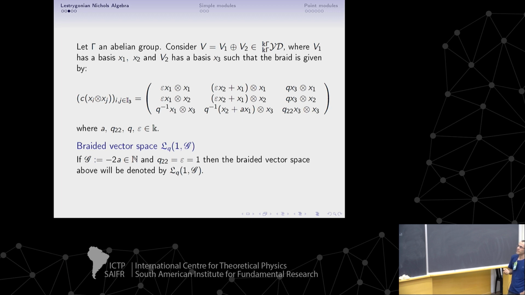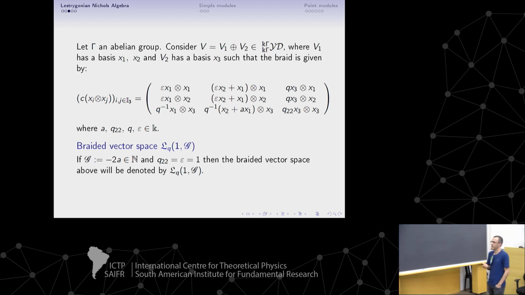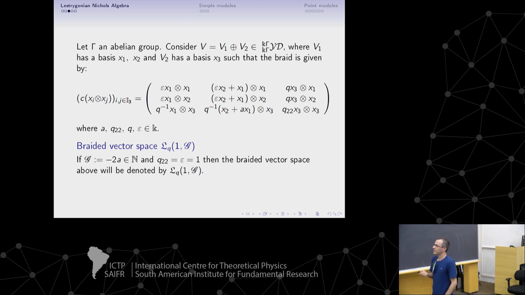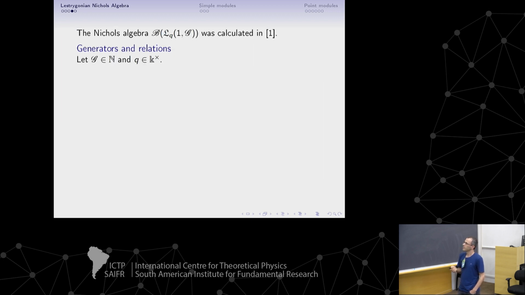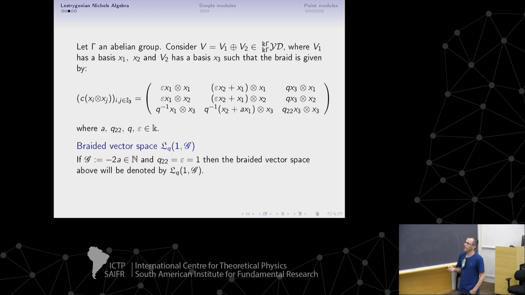Remember that the ghost is the normalization of the number a, of the element of K. And in the case that the ghost is a natural number, the braided vector space associated to V is denoted by L(q,1,G).